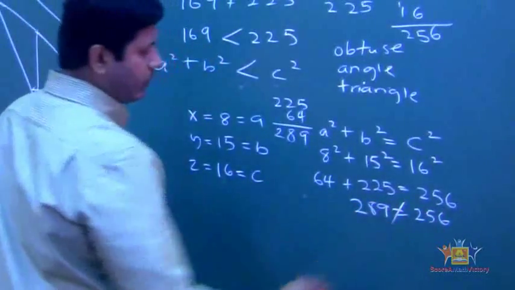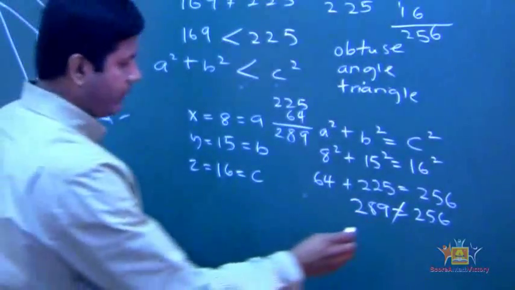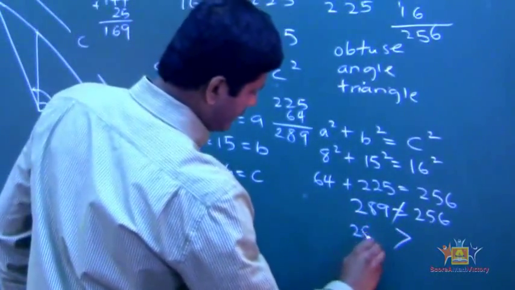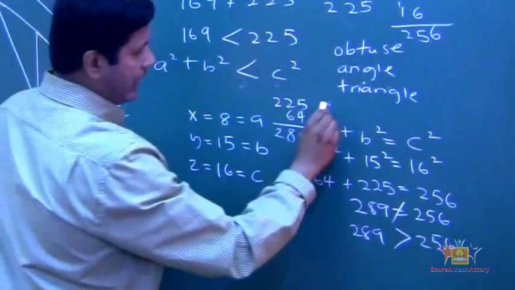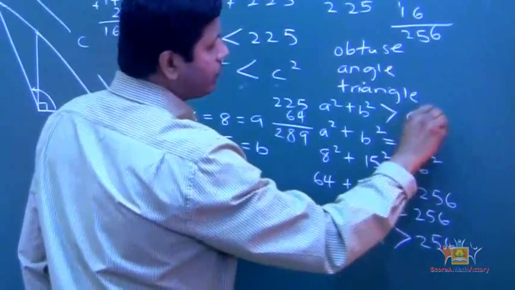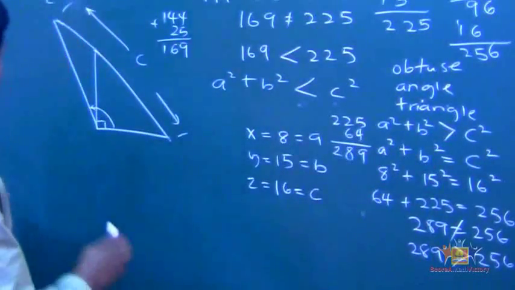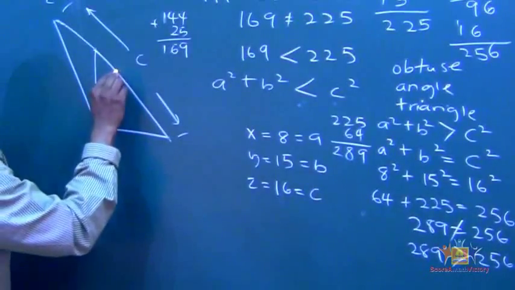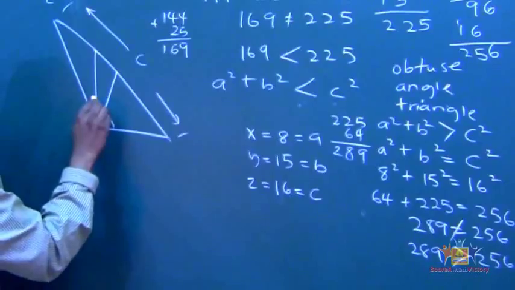No, they're not equal. But which is greater? 289 is greater. So in other words, that means A squared plus B squared is greater than C squared. So if C is smaller, what does that tell you? Let's say C falls right here. See that?